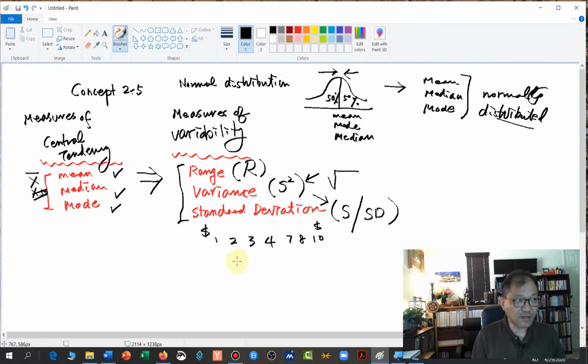So let's calculate the mean is 6, 10, 17, 25, and 35 divided by 1, 2, 3, 4, 5, 6, 7, $5, right?